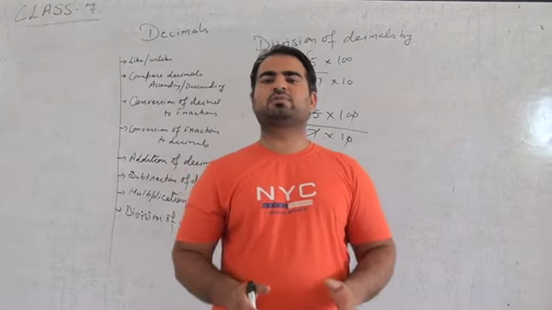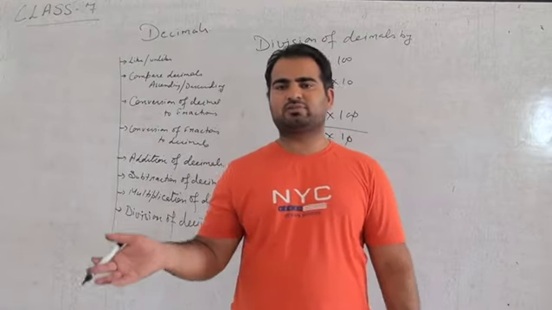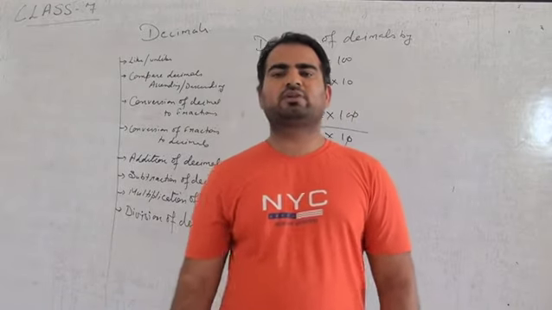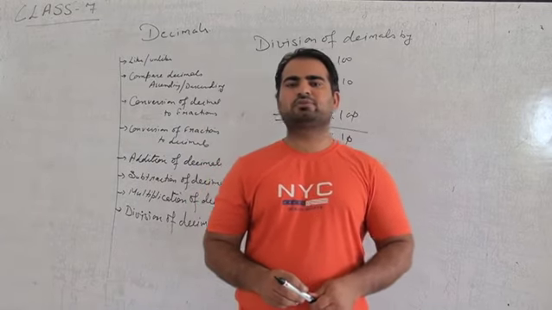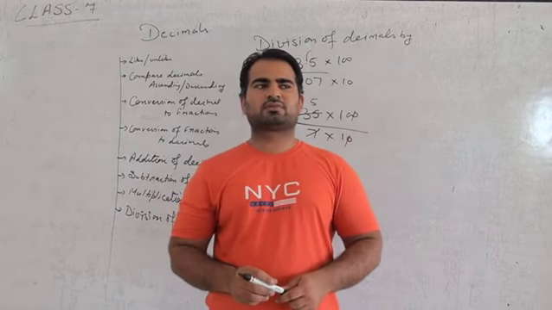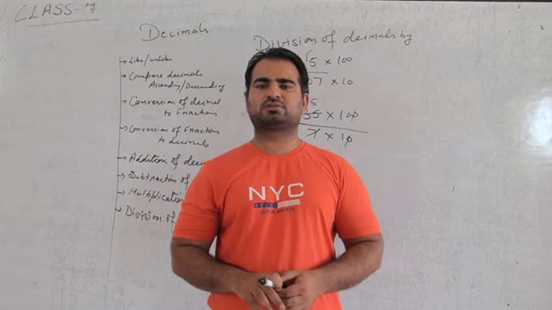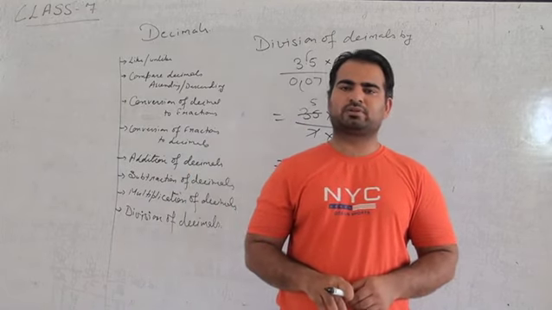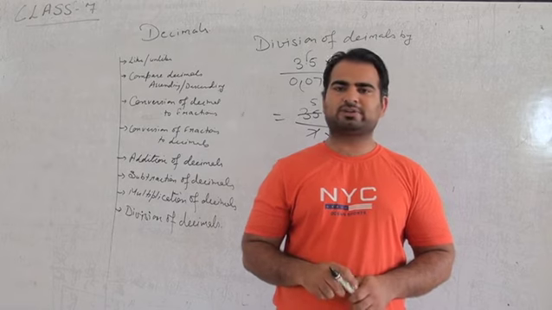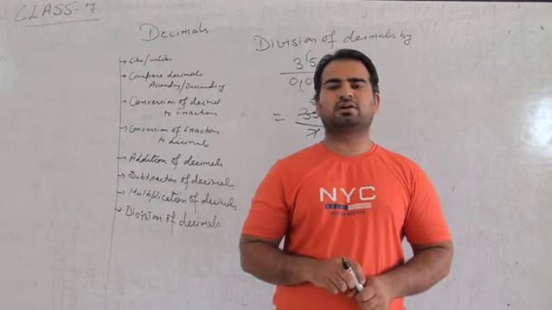Like what we do when we convert rupees and paise into rupees. We must know how many paise are there in a rupee. We know we have 100 paise in a rupee. Then we have to divide it by 100.